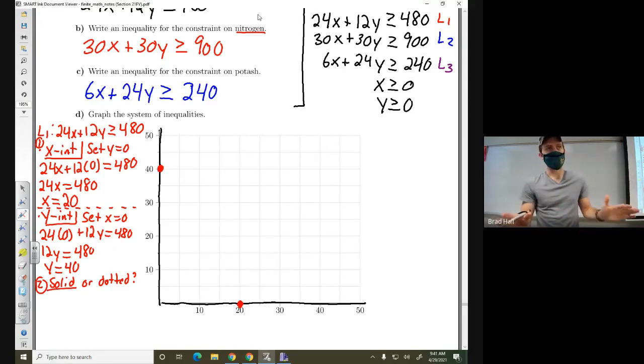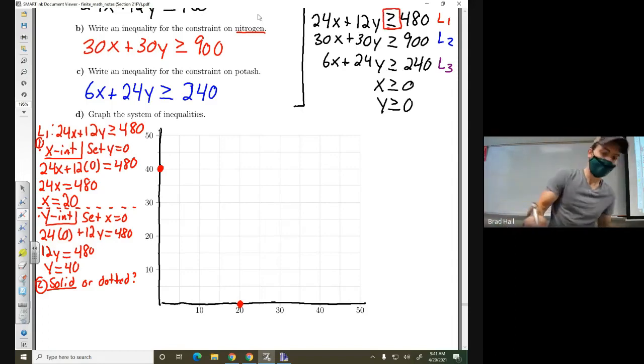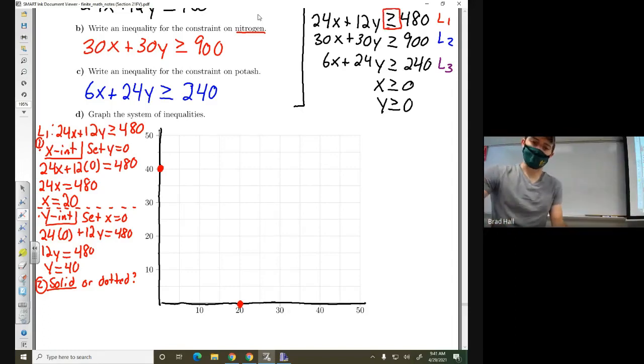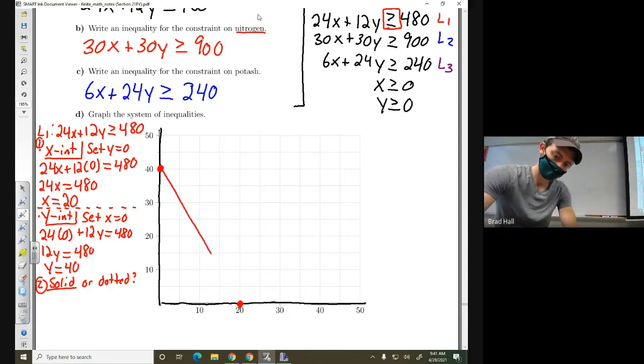That's the only condition. Because of that, solid immediately. And now we can go ahead and draw a solid line connecting these two dots. Just like that.